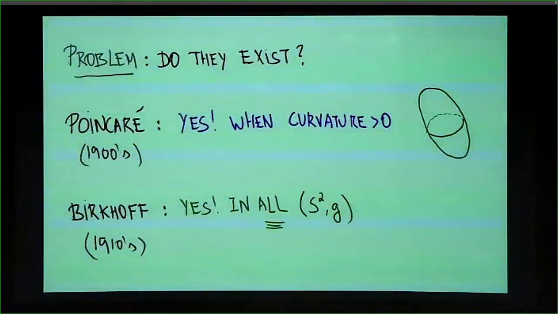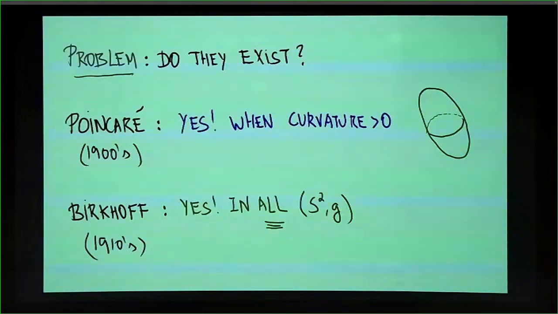Okay, so let's go back to that problem that I stated, which is, can we find at all a periodic geodesic on any Riemannian two-sphere? Well, the first one to propose this question was Poincaré in the beginning of the 19th century. And of course, Poincaré was a dynamical system guy, so he was really worried about the dynamic of the solar system.